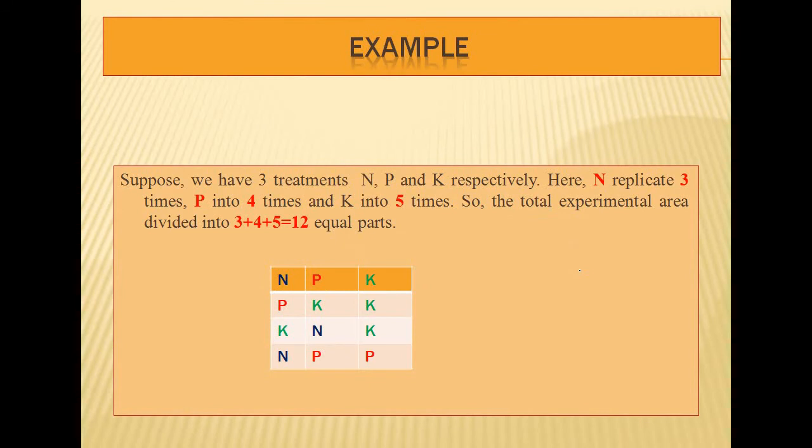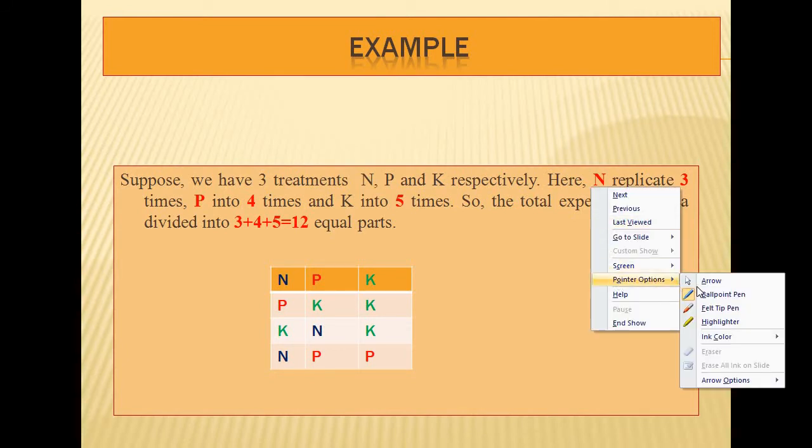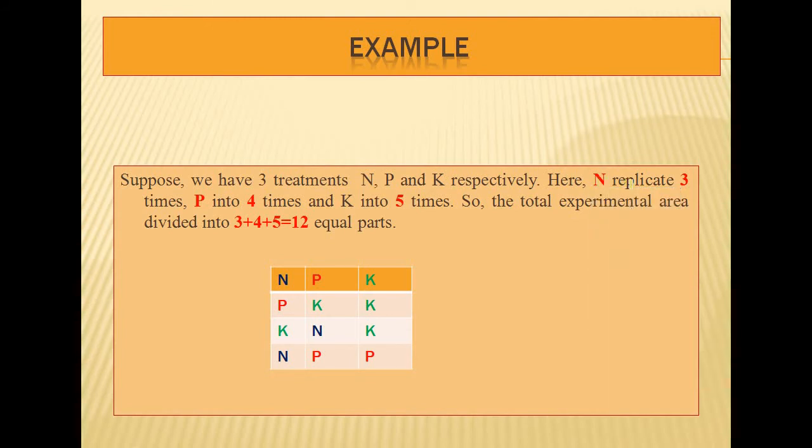See this example. Suppose we have three treatments N, P and K respectively. Here N replicates 3 times, the treatment P replicates 4 times and the treatment K replicates 5 times.